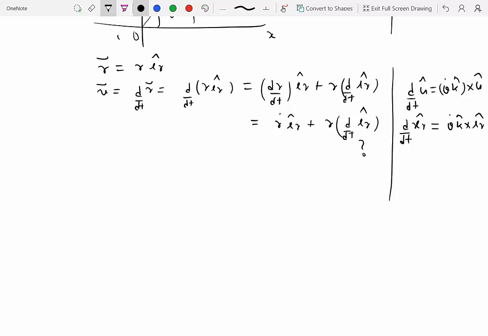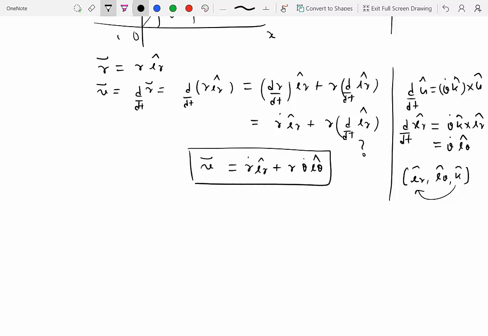Now k hat is a vector pointing up, perpendicular to er hat and e theta hat. So er hat, e theta hat and k hat form a right-handed coordinate system, and k cross er would be equal to e theta hat. So this is equal to theta dot e theta hat. Let's substitute that in, and we get r dot er hat plus r theta dot e theta hat, and that's the velocity expression in the r theta system.